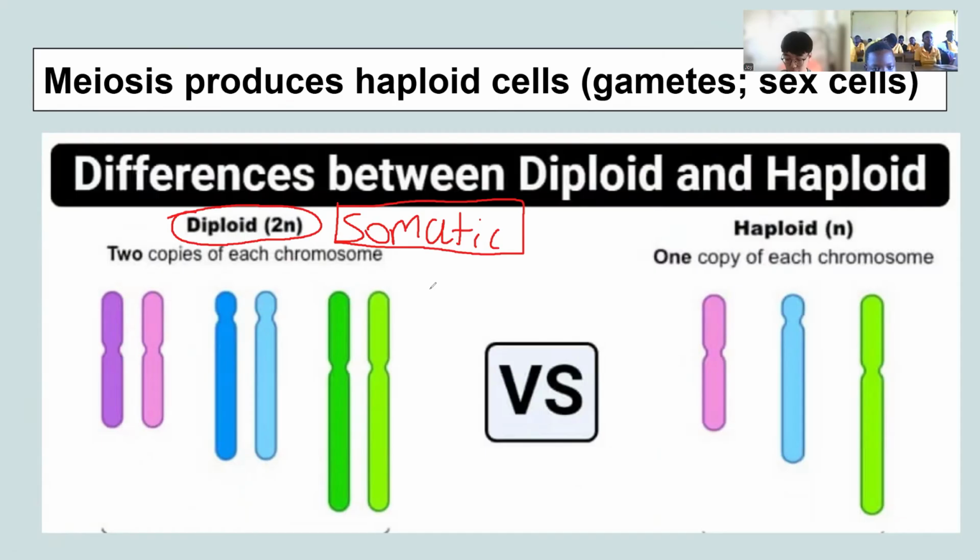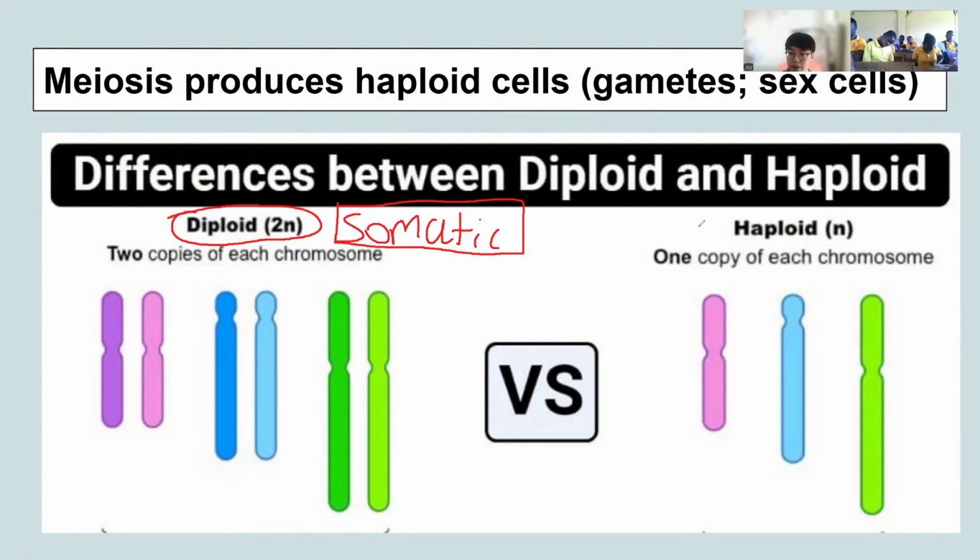So for example, our hands are made up of somatic cells. Our muscles, our blood vessels are made up of somatic cells. Our nerve cells are made up of somatic cells, but all of them have diploids, or 2 copies of each chromosome. And it's every cell that is other than the sex cells or the gametes.